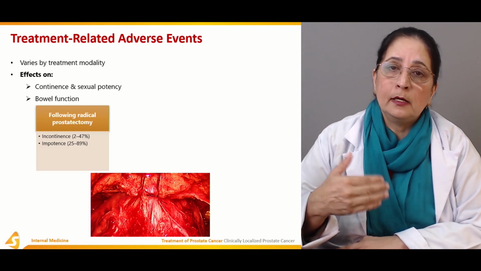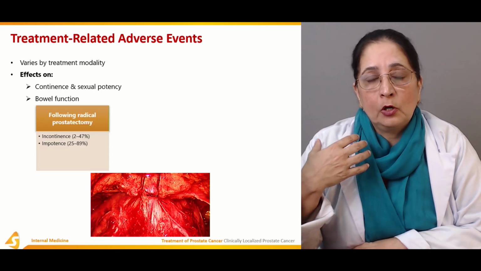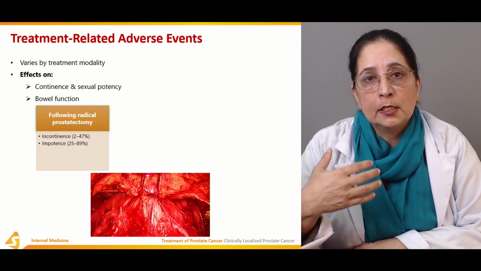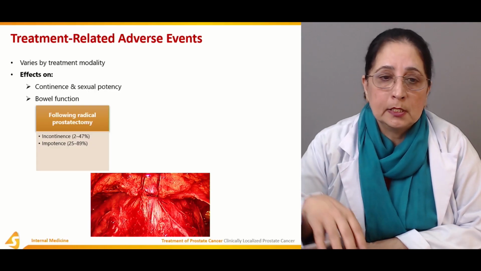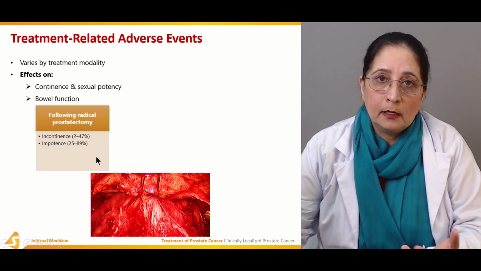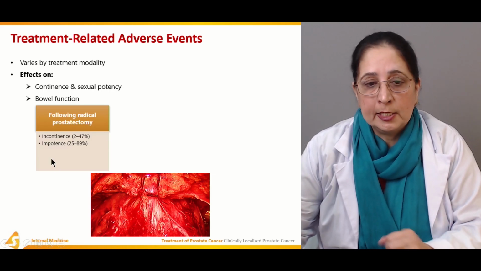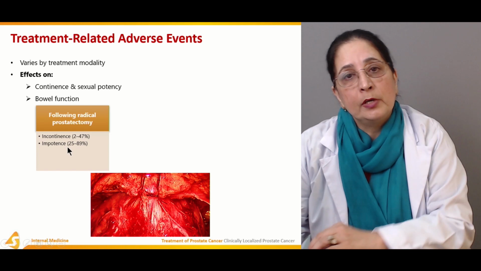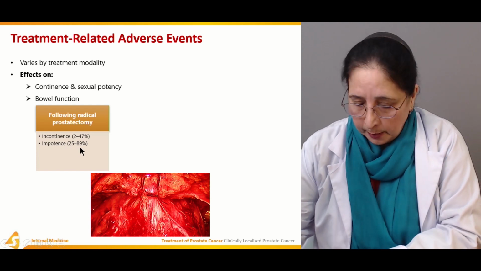So all these are the adverse effects of the treatment of prostate cancer. If radical prostatectomy is done, incontinence can occur, but the rate of impotence is very high, about 25 to 89%.